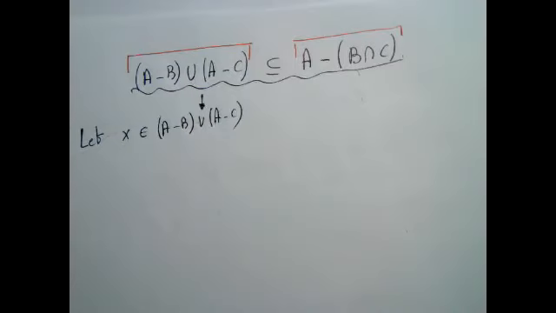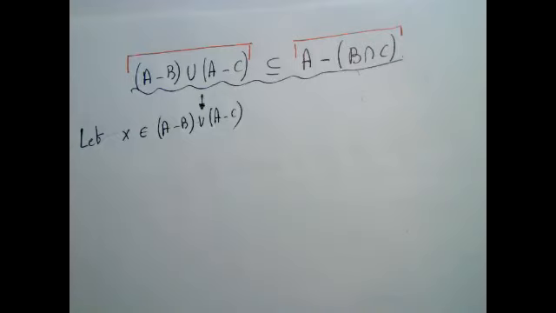Let's see. So we can rewrite A minus B as X is in A and not in B, right? And we can rewrite A minus C as X is in A and not in C. So how are you going to connect them?